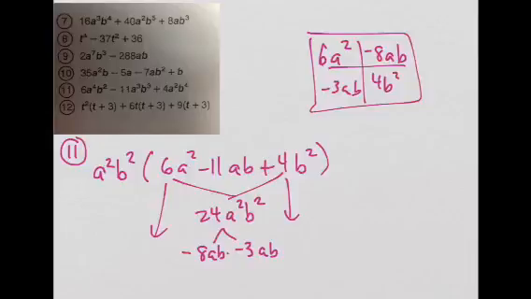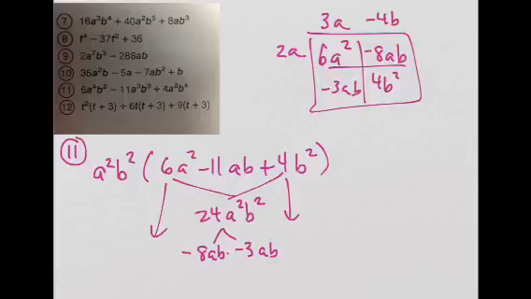So the greatest common factor here is 2a. Something times 2a gives me 6a squared, that would be 3a. Something, well, I could do this one first, doesn't matter. Something times 2a gives me negative 8ab, that would be negative 4b.